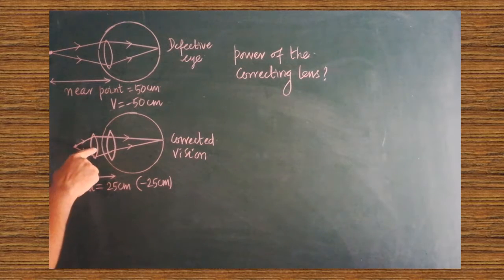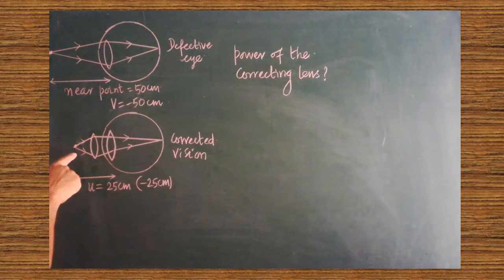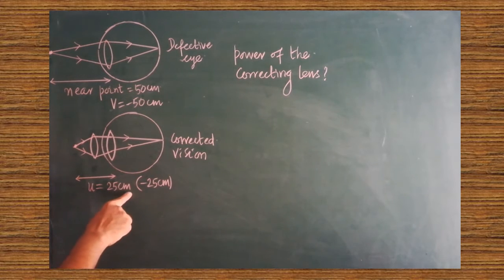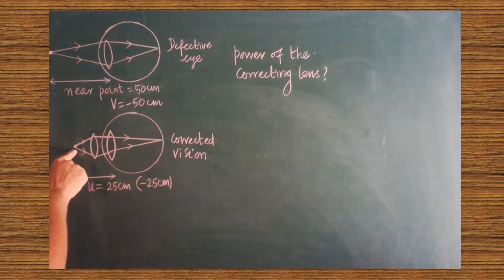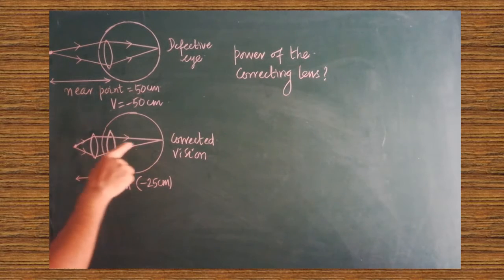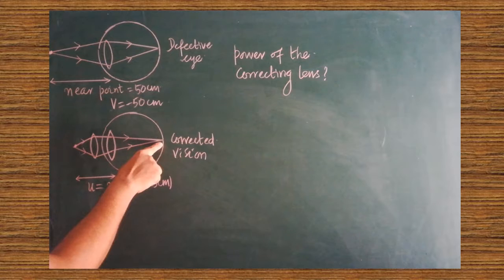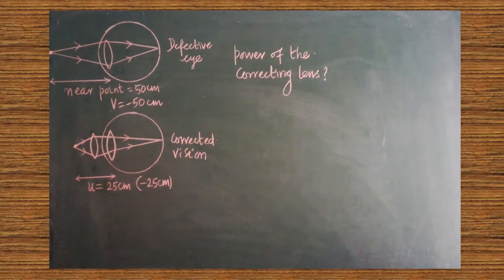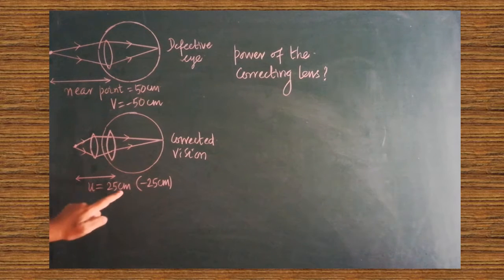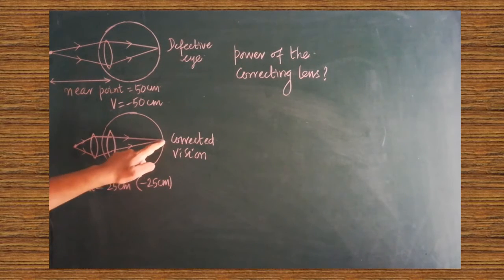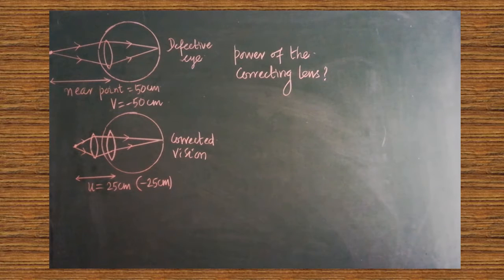After wearing the lens, the object appears clear when it comes from a distance of 25 centimeter. The meaning is, if he keeps the object exactly at 25 centimeter, he is able to read the book or see the object. So after wearing the correcting lens, he can bring the object exactly to 25 centimeter, and then he is able to see the object very clearly.